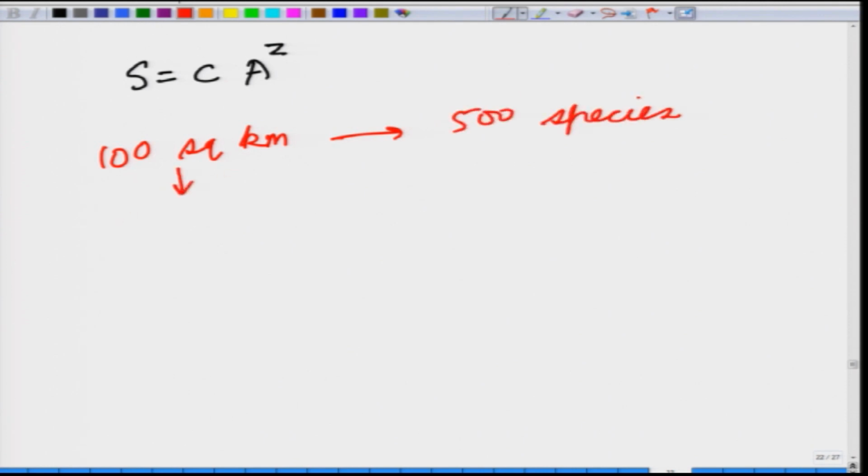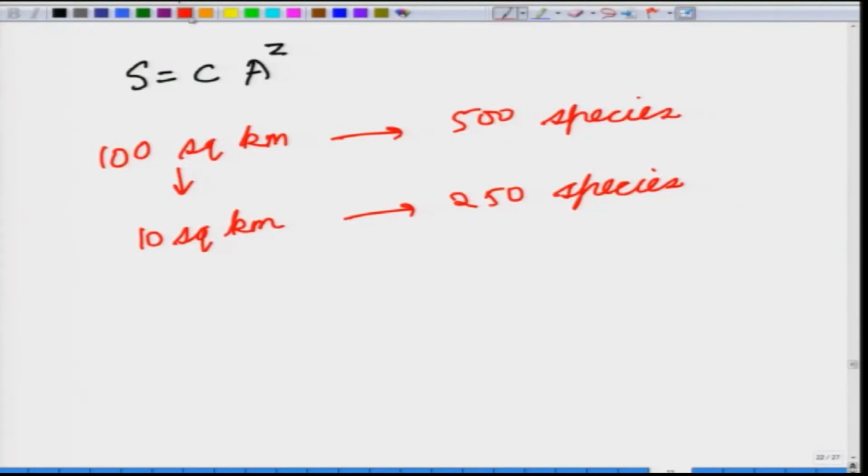If this area is reduced to 1/10, so you now have only 10 square kilometers, the number of species does not become 50, it does not become 1/10 of the original, but it comes down to around 250 species, which means that we have ample amount of hope in this system. Even when the area of the forest is decreasing, we still have a substantial number of species.